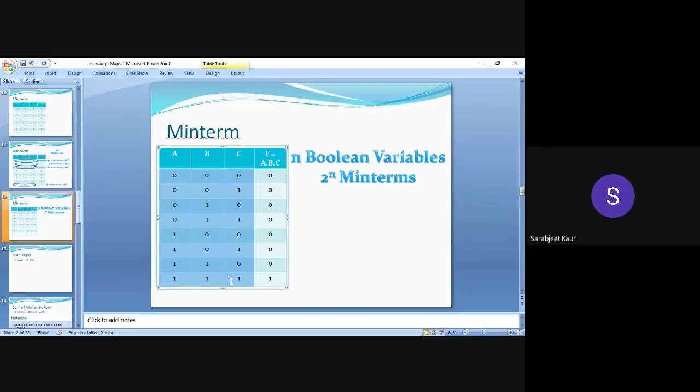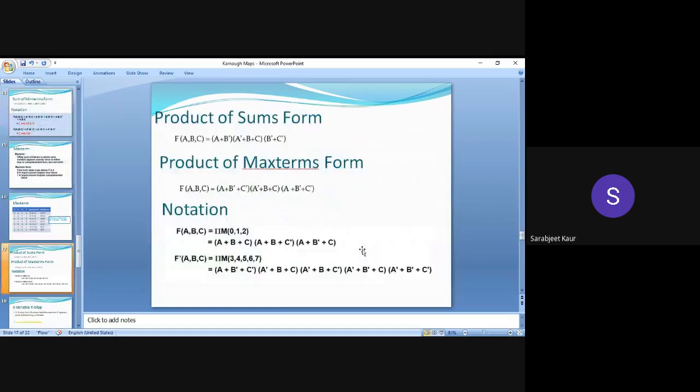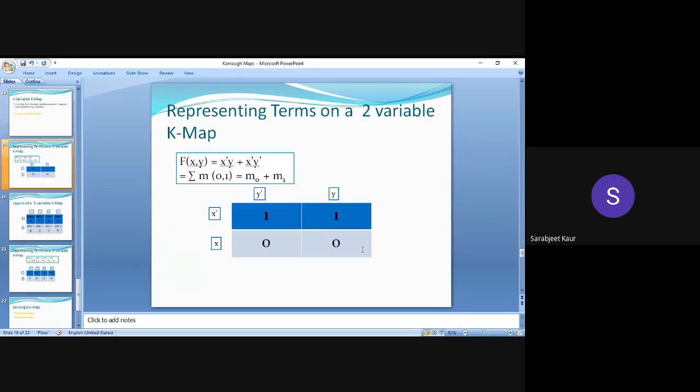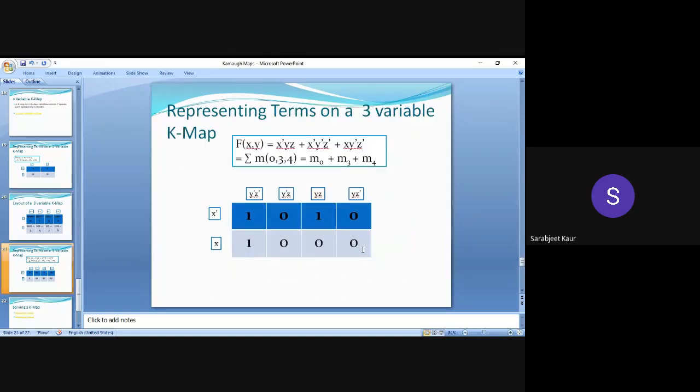They will be 0000, 0001, 0010, 0011, 0100, and so on. You need to remember these. Then I want you to remember the basic layout of these two Karnaugh maps, because we are going to be solving our questions using them next time.